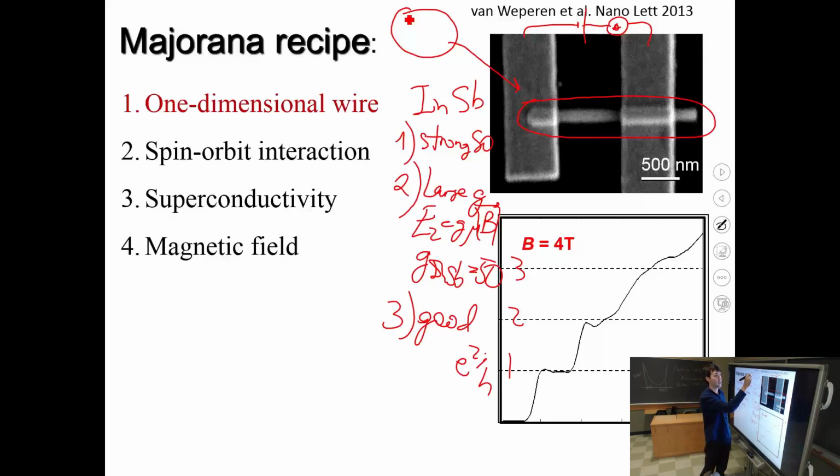So if you have 3 there, that means there will be one like this, another one like this, and a third one like this, like quantized modes in a particle in a box potential. Each one will give you a conductance of e squared over h. This is a basic result from quantum transport. It was discovered 25 years ago, and you can see it in these nanowires. So they're one-dimensional quantum wires.